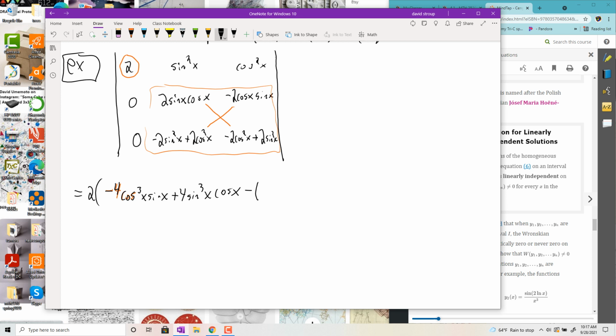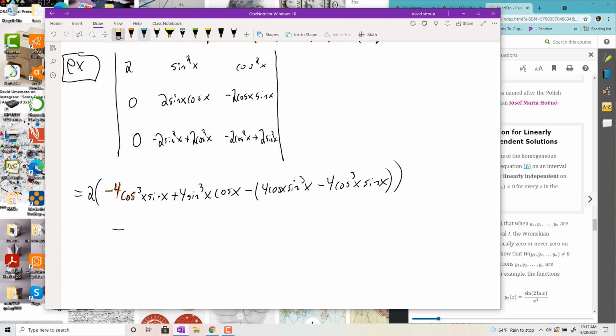We're going to have 4 cosine x sine cubed x minus 4 cosine cubed x sine x. That's pretty nasty.